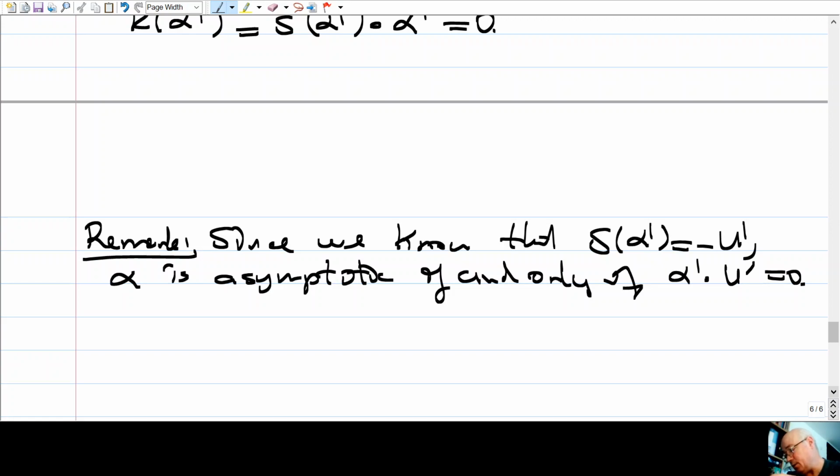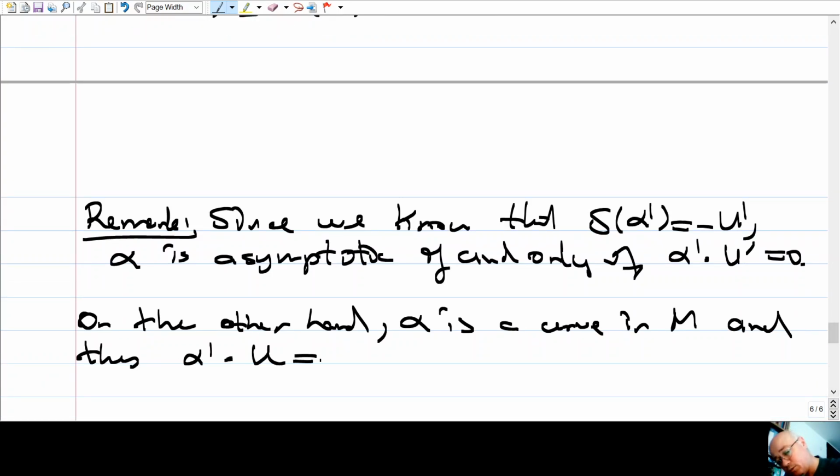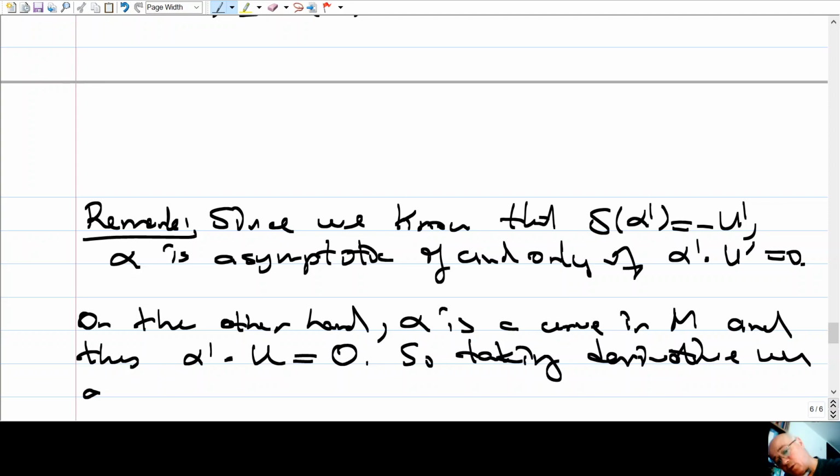However, on the other hand, alpha is a curve in the surface, and thus the tangent vector to alpha lies in the tangent space to M. Therefore, this tangent vector should be normal to U. So, taking the derivative, we get what?